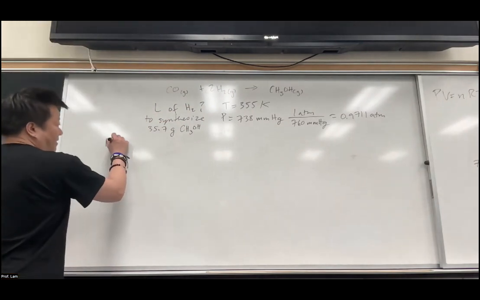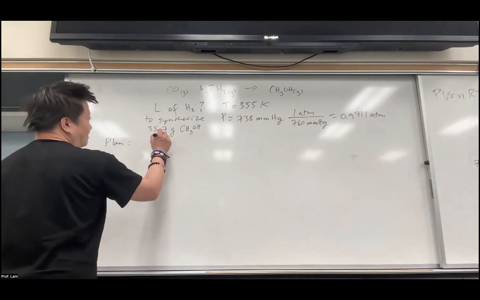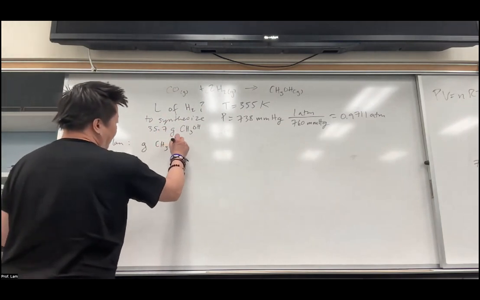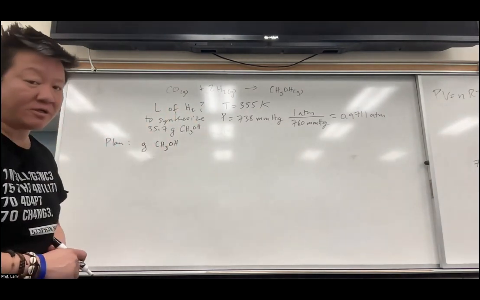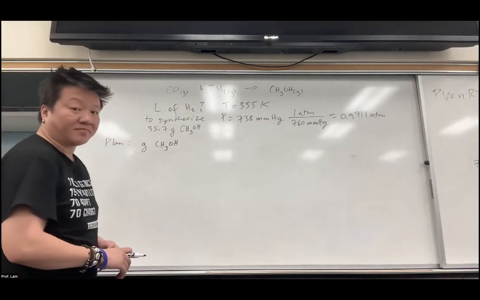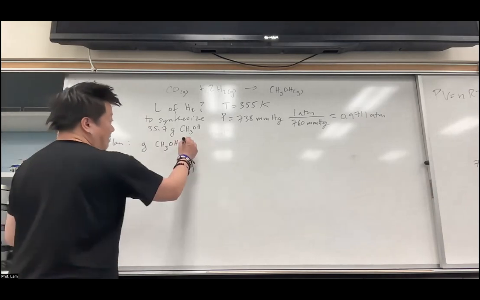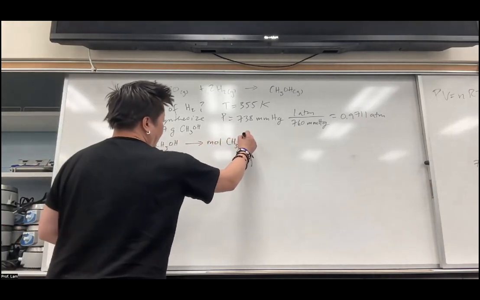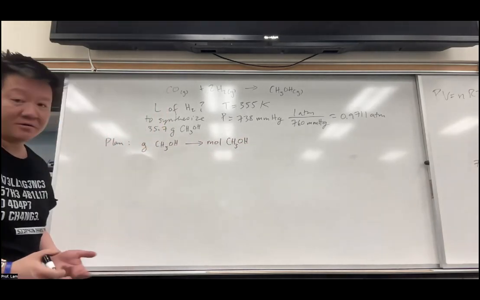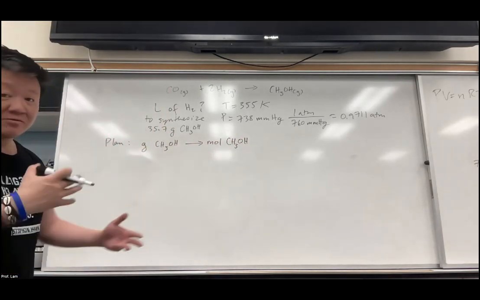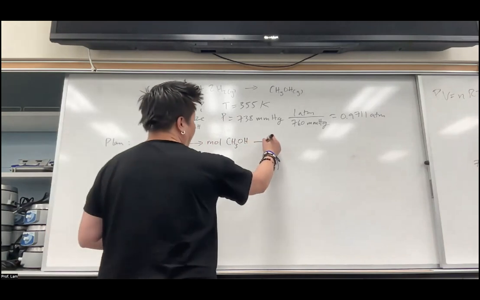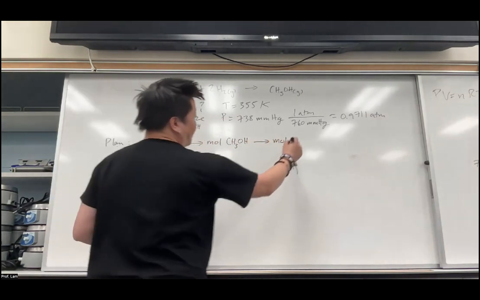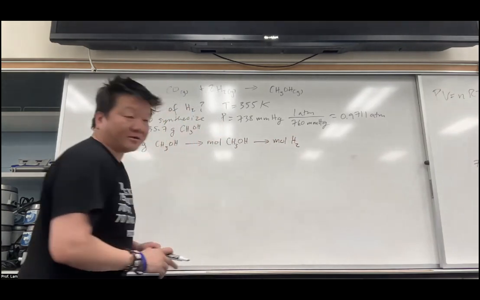So let's write our plan. What we're given is grams of CH3OH, and we're asked to back-calculate how much hydrogen would be used to obtain that. So grams has to go to moles of CH3OH, and that's mole A. We need to cross the bridge to mole B, so use the mole-to-mole ratio to get to moles of the other one being asked, hydrogen.